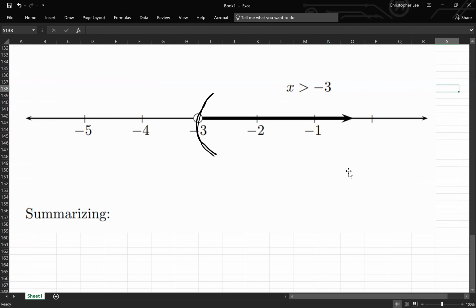The open circle and the parenthesis mean the same, right? The closed circle and the bracket mean the same, right? So closed circle and bracket are the same. Open circle and parentheses are the same. Okay.